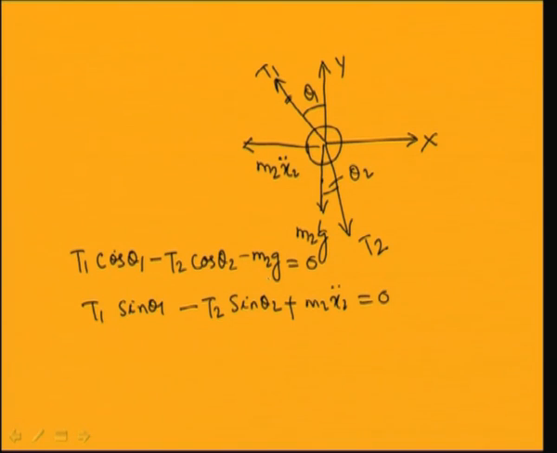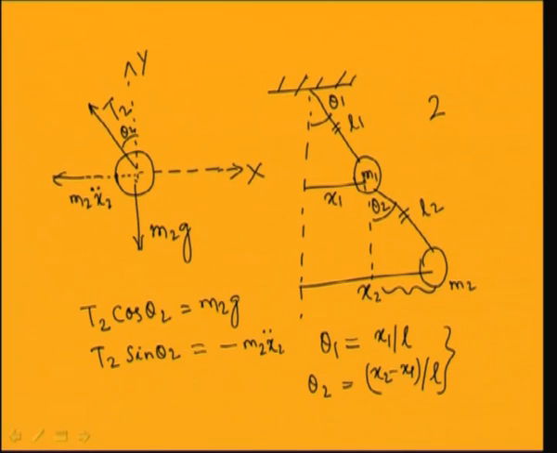So, this will be equal to m2g plus T2. So, T2 cos theta 2 equal to 1. So, already you know your T2 equal to, so this is for the first mass equation, this is not for the second mass. So, in this case it is equal to m1 x1 double dot.